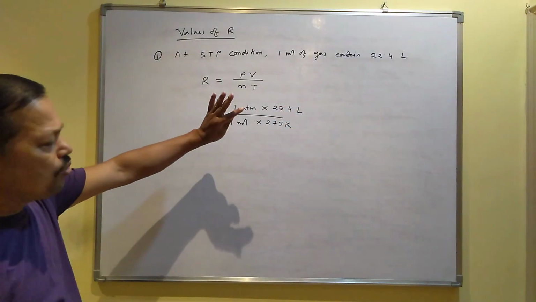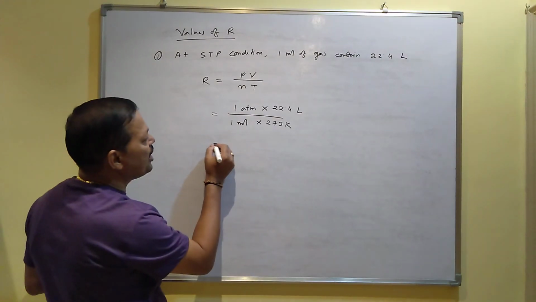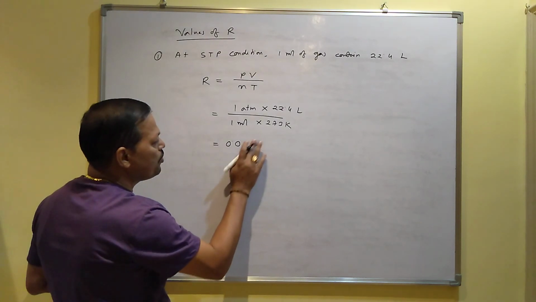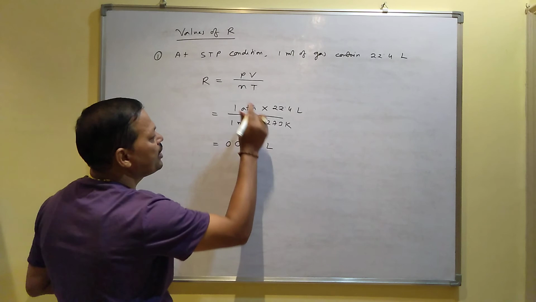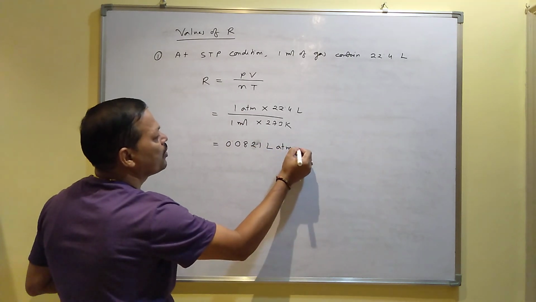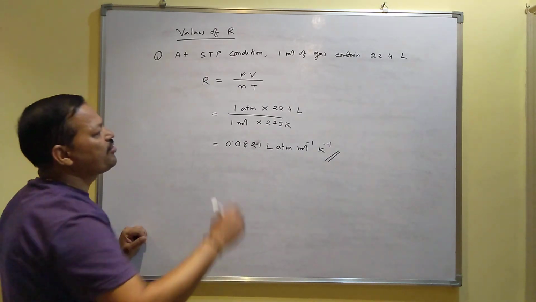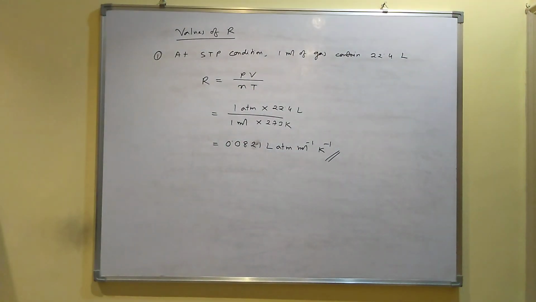So when you do this calculation, you will get 0.0821. The unit will be liter atmosphere per mole per Kelvin. This is one of the values of R in CGS unit, because atmosphere is not the SI unit.